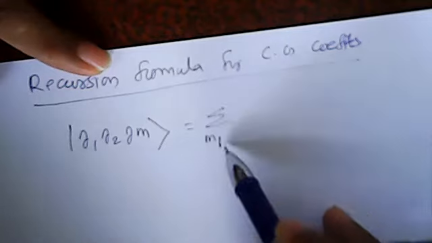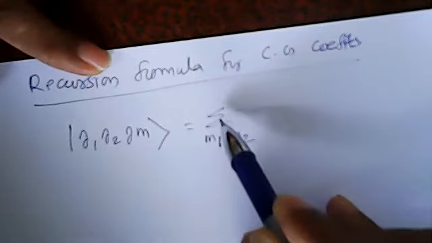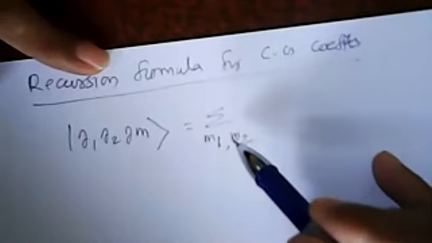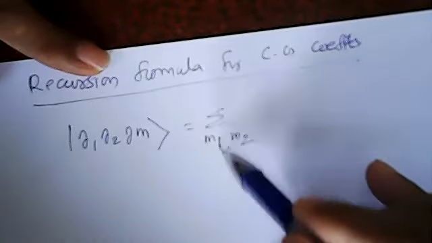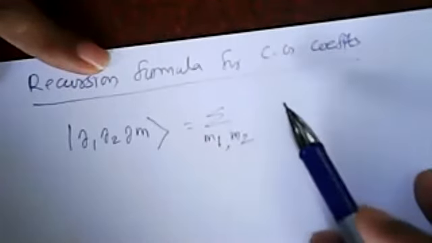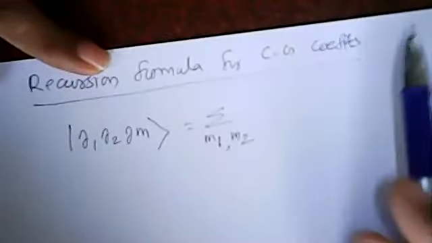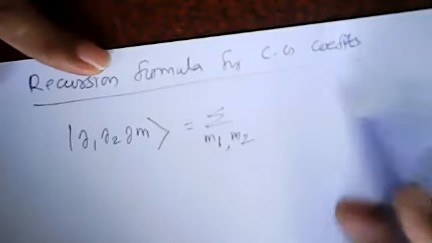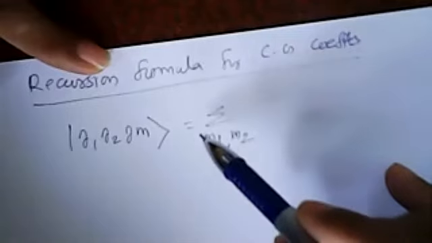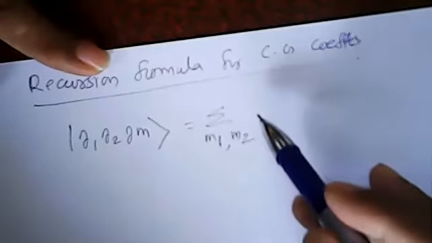Either you can write sum over M1, M2, or you can write sum over M1, sum over M2. No problem. In some books it is written like that, because M1 and M2 are the varying things. J1 and J2 are fixed things. They will not vary. M1 and M2 are varying. So the summation should be done over M1 and M2.